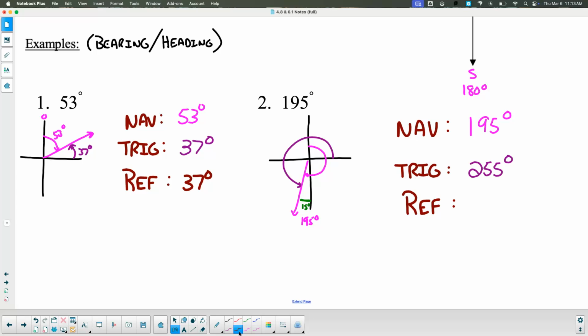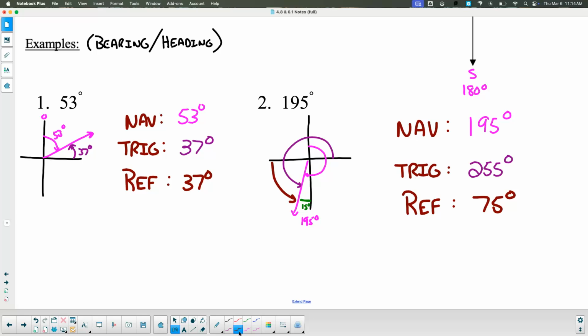Yep. 75, and the reference angle would be right there. Okay? So we've got 3 ways to name the same angle. We've got its navigational name, we've got its trig name, and we've got its reference angle name.